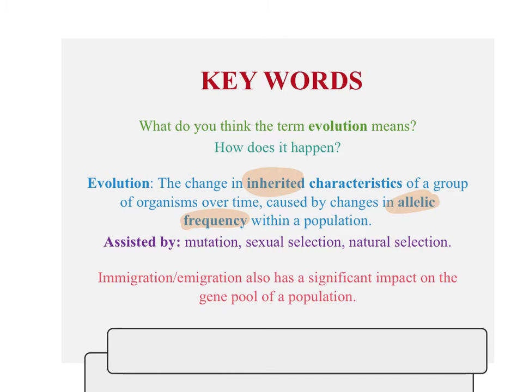Even if you think about the migration of the human species, we all originated from Homo sapiens in Africa, and the emigration of those early people from mid-Africa out towards Europe is going to then affect the gene pool and develop the Homo sapiens species in those areas where they weren't originally.